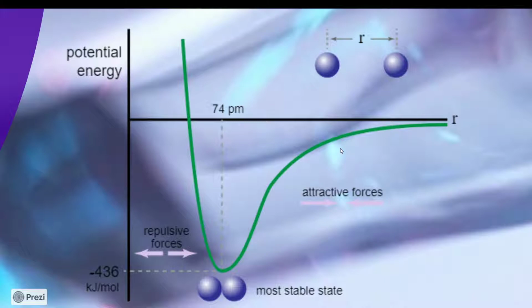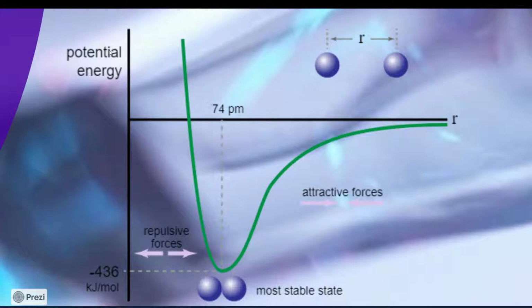And what we have here is essentially hydrogen atoms coming together. And what happens is that the total normal amount of energy for the hydrogen atoms when they're by themselves is fairly high. Okay?